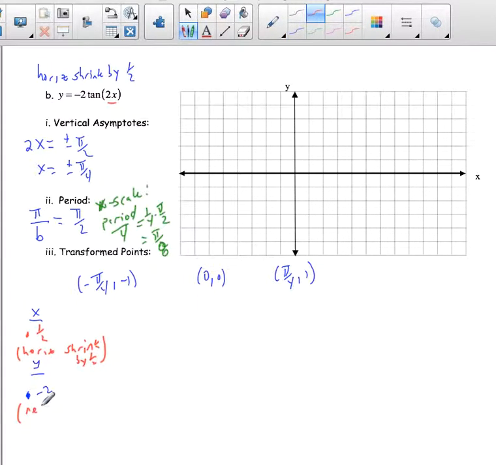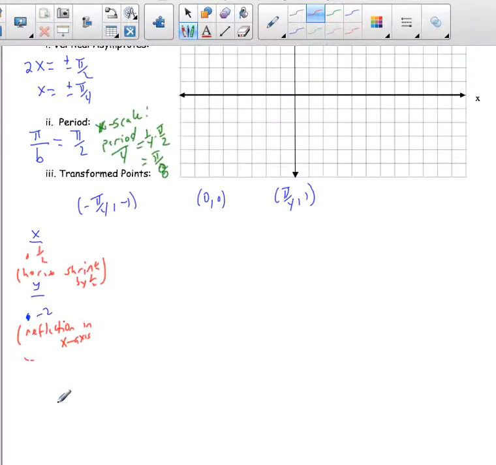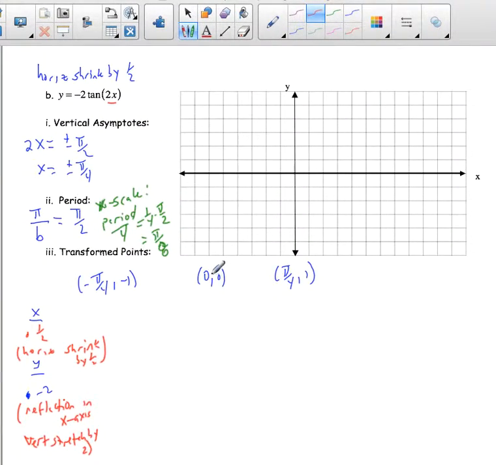We have a reflection in the x-axis. And the second thing we have is a vertical stretch by 2. Vertical stretch by 2. So if you ask for transformations, that's what you would say. If we want to know what happens to the points, we have that here, just what we multiply by.